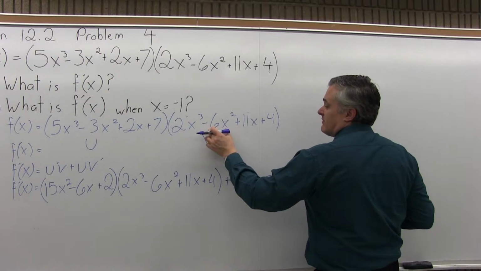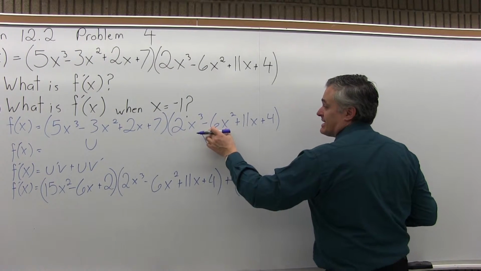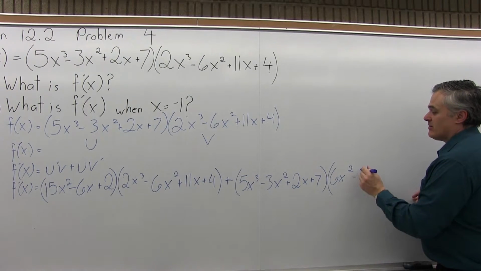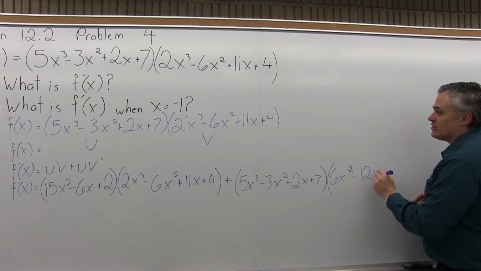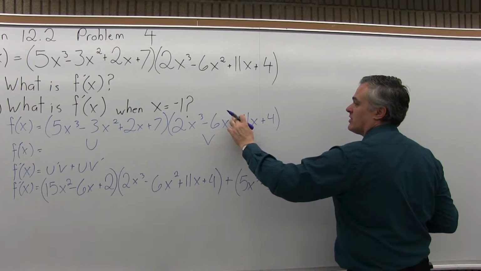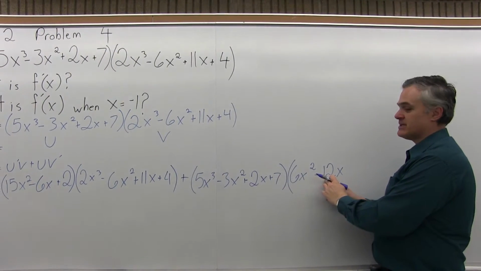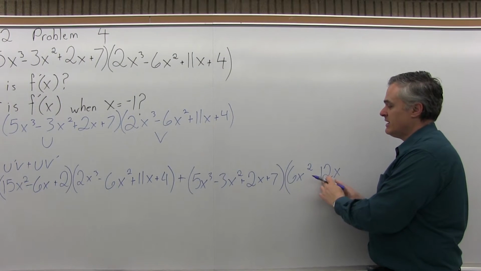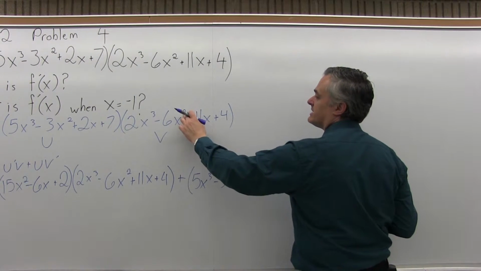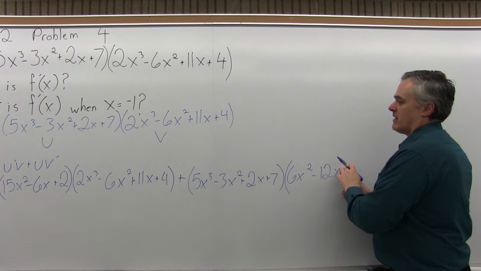The next piece of the v is minus 6x to the second. So for the v prime, it'll be minus 12x to the first. And again, where that comes from, the exponent of 2 comes down times the number in front of negative 6. 2 times negative 6 is my minus 12. The exponent drops by 1 from a second power to a first power.